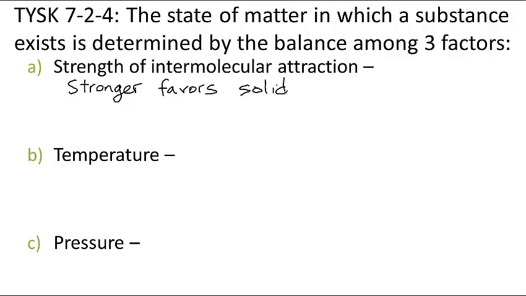Because the stronger the forces of the attraction are, the harder it is for the molecules to break away from each other and become a gas, get really far apart. What about temperature? As you increase the amount of kinetic energy they have, what state of matter gets favored? Gas. Because now they have so much motion that their tendency is going to be to break away.